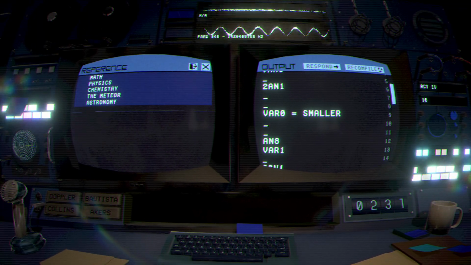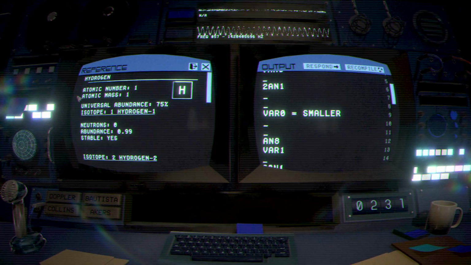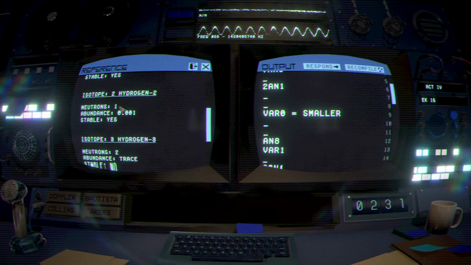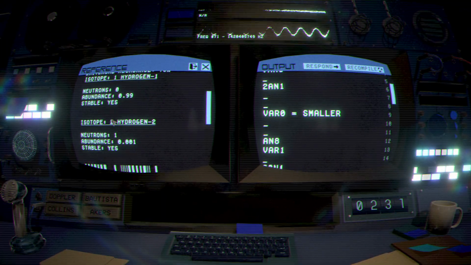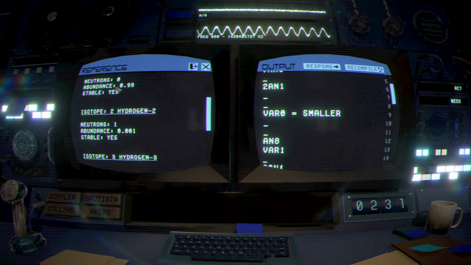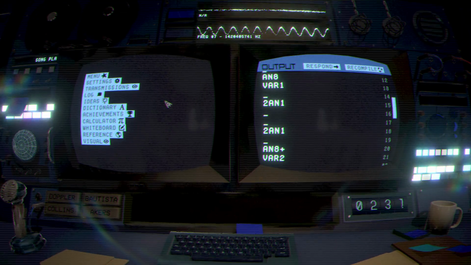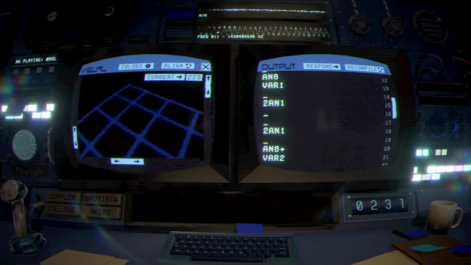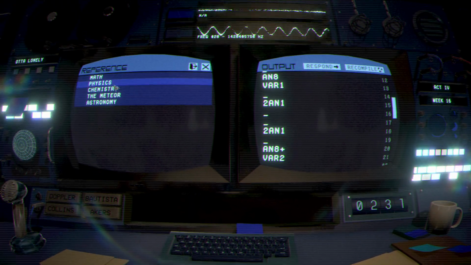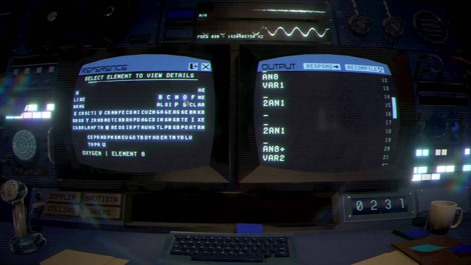How can it be atomic number? And this is saying atomic number 8.